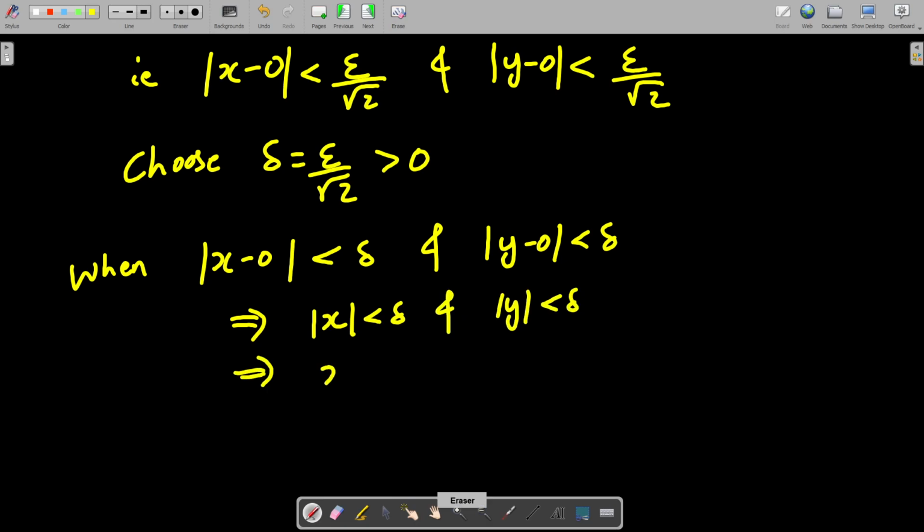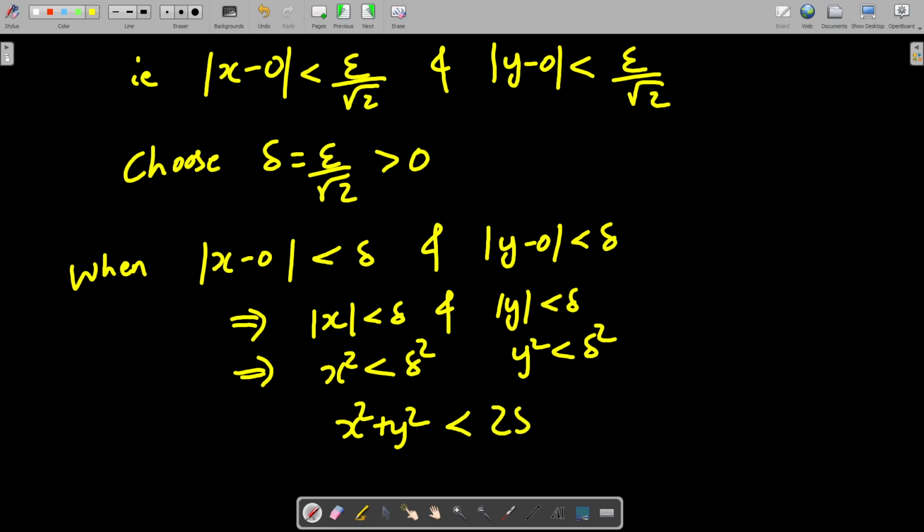This implies that x square is less than delta square and y square is less than delta square. So x square plus y square is going to be less than, directly adding it up here, 2 delta square, which is going to be epsilon square by 2 times 2.